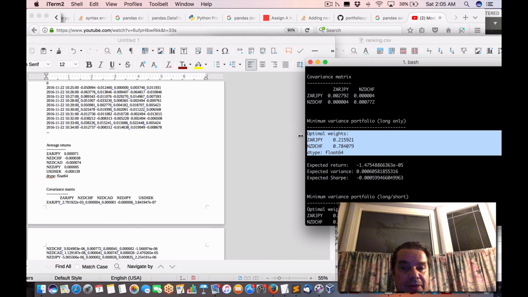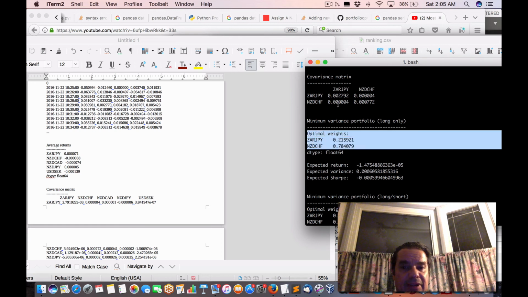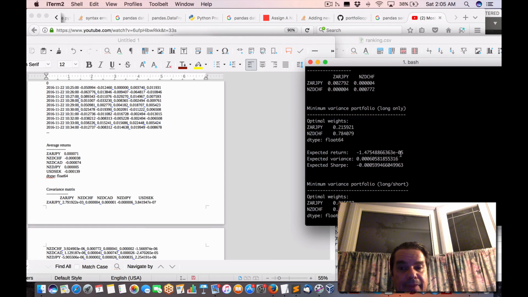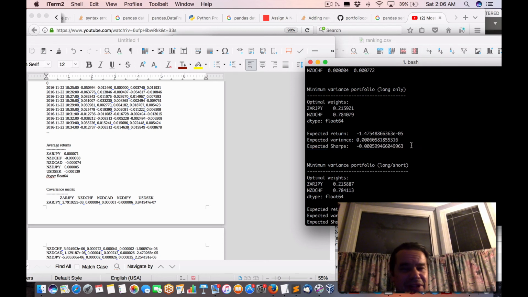It'll spit out the optimal weights if you want to get the expected return, and there will be the expected variance, and of course we have to measure the Sharpe. Because we are using highly volatile data sets, I really should be using Sortino, because that will smooth out this result.